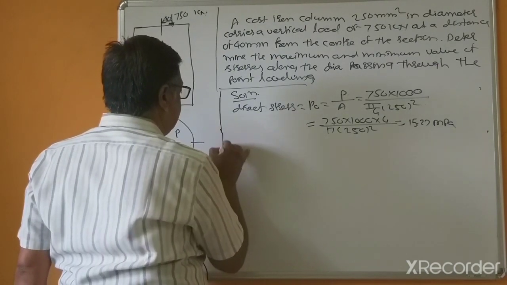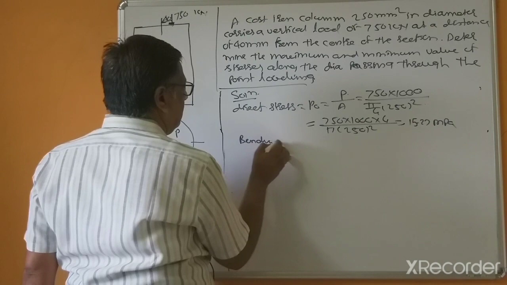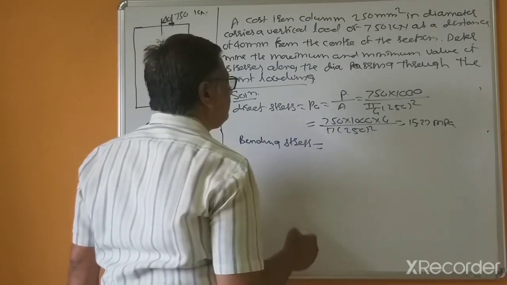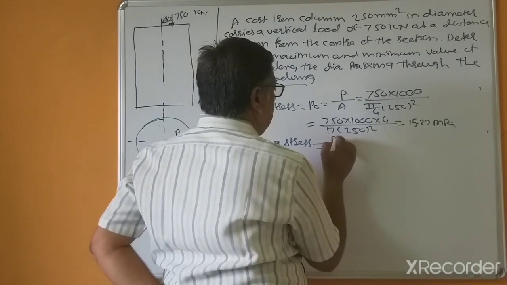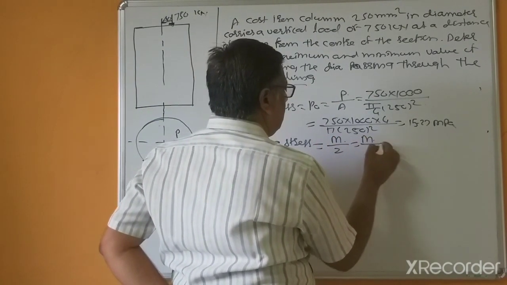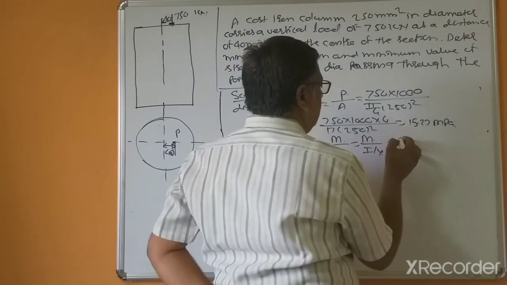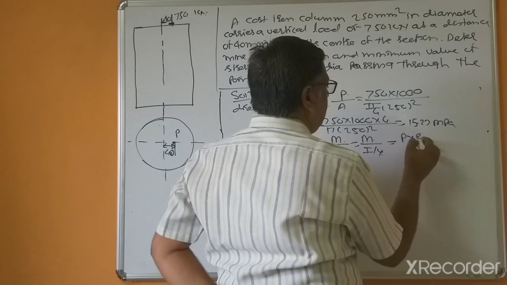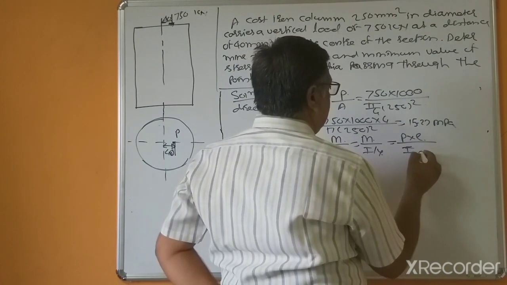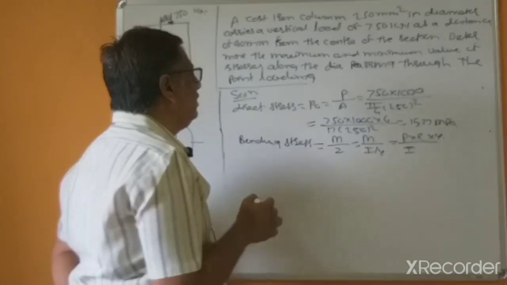Now, bending stress equal to M divided by Z, M divided by I divided by Y, and this M is nothing but P into e, divided by I multiplied by Y. And this is general.